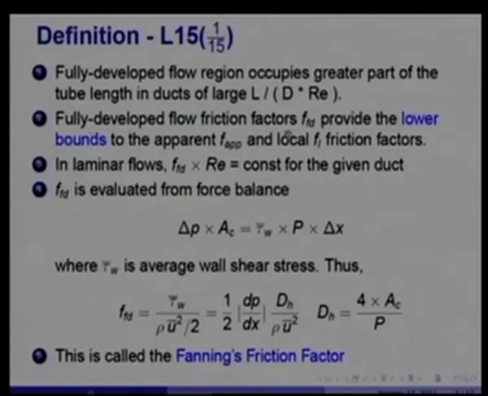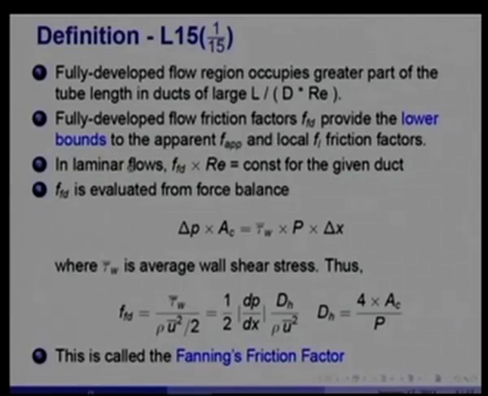Fully developed flow friction factor f_fd provides the lower bound to the apparent friction factor as well as the local friction factor. These two were evaluated for flow between parallel plates during our last lecture.